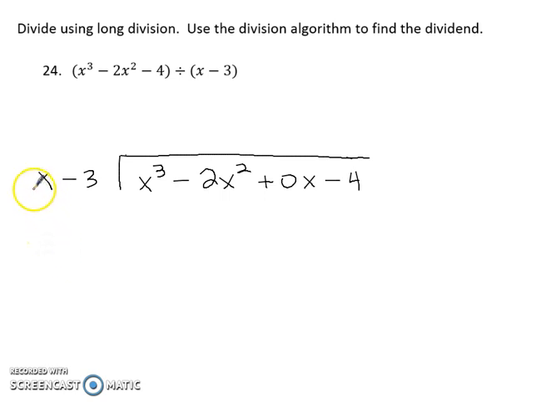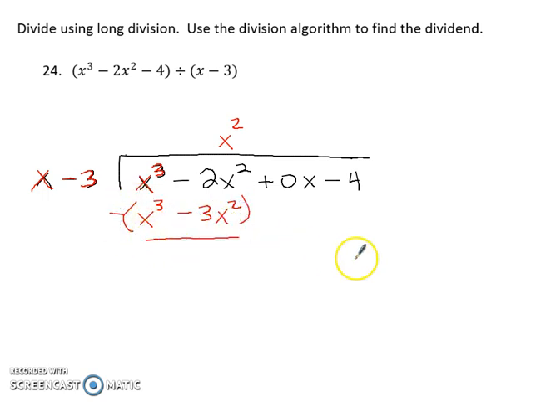So the first thing I ask myself is what times x is going to give me an x to the third power? x squared. So I'm going to multiply the x squared times both of these terms in the divisor. x squared times x is x to the third. x squared times negative 3 is a negative 3x squared.